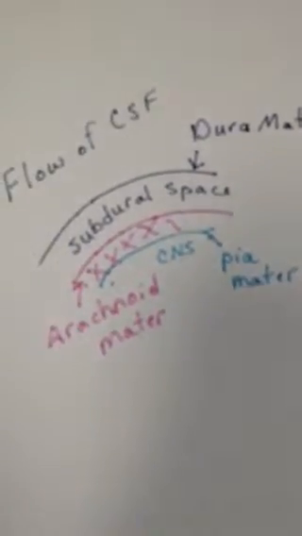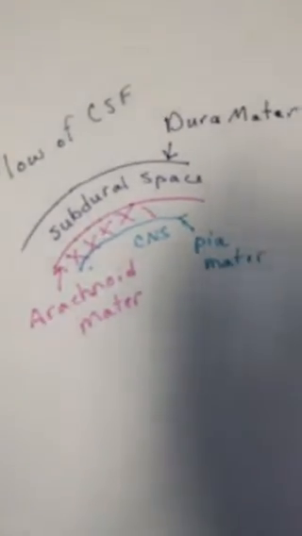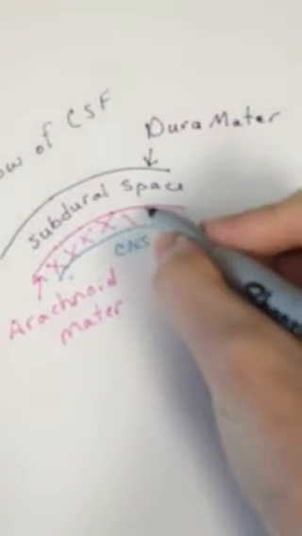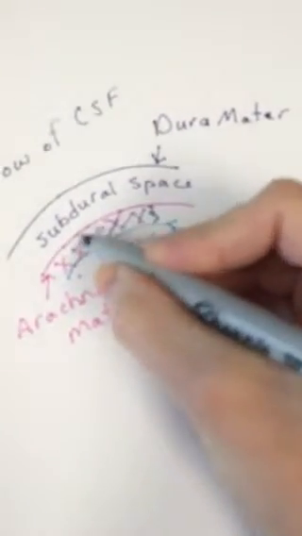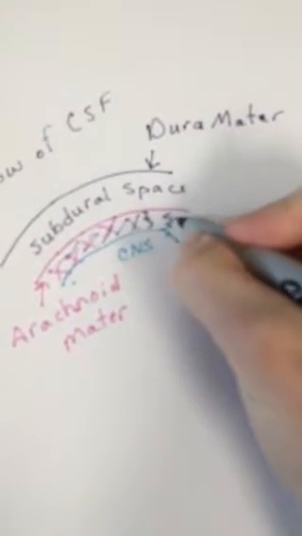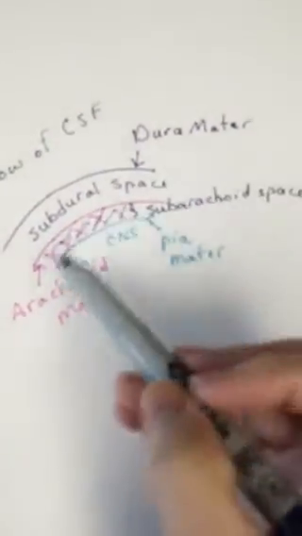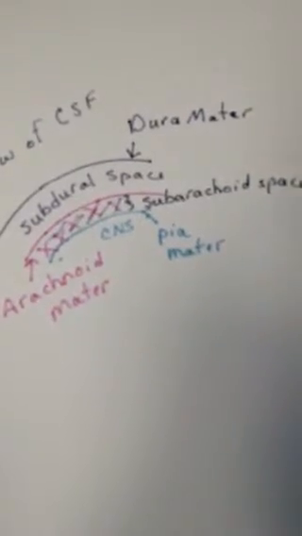It's the subarachnoid space that's so important in the flow of cerebrospinal fluid. So it's this space here. This space is called the subarachnoid space. And that is where cerebrospinal fluid circulates and rotates outside of the brain and spinal cord.